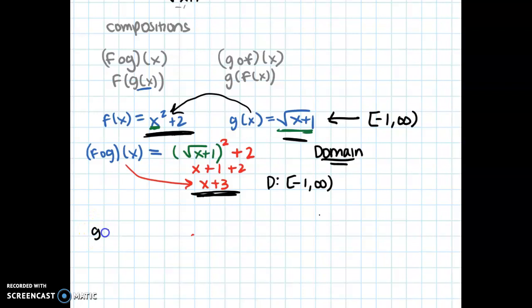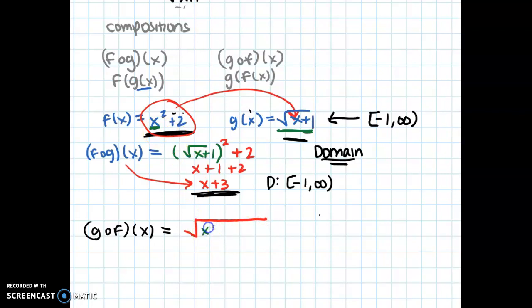Now let's think about g of f of x. This time I'm doing the opposite. I am taking f of x and putting it in for x in g of x. So I have the square root of my original function, and in for x, I am putting f, which is x squared plus 2, so the square root of x squared plus 2.